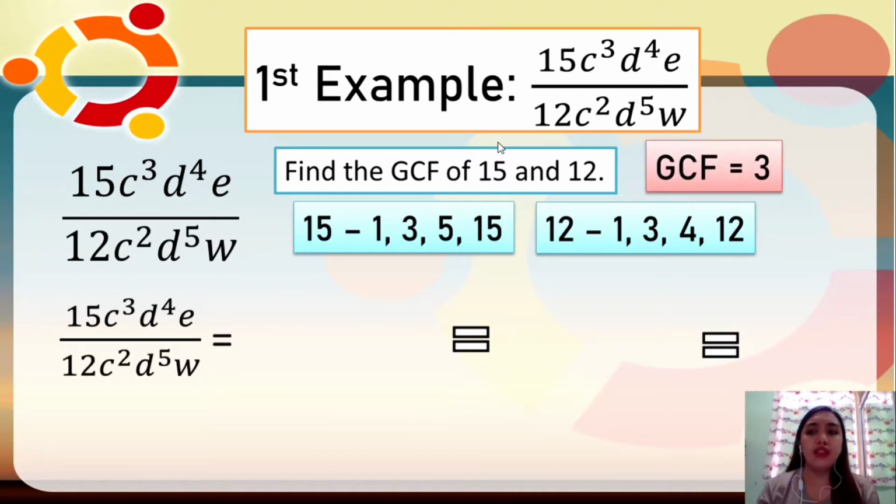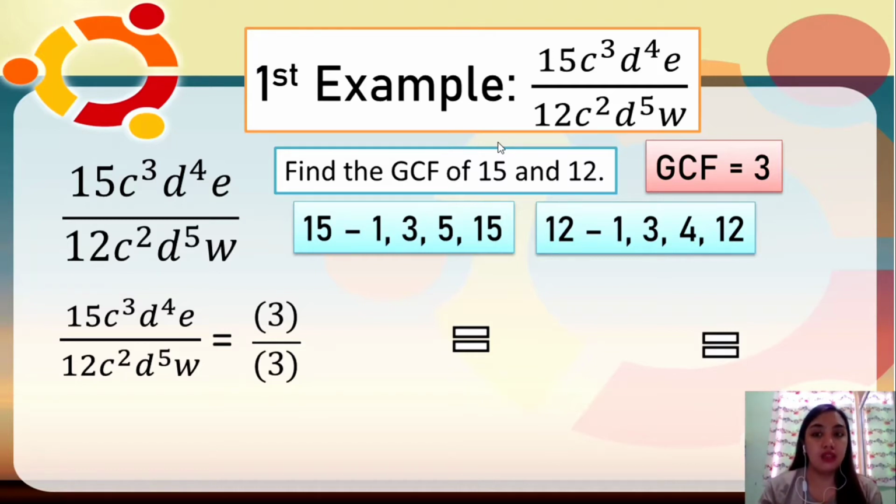So, anong gagawin natin sa 3? Siyempre, dahil factors nila yan, or GCF na 15 and 12, we are going to write it both numerator and denominator. Ilalagay natin si GCF sa parehas na place ng numerator at denominator. And then, iisip tayo ng isang number na i-multiply natin.